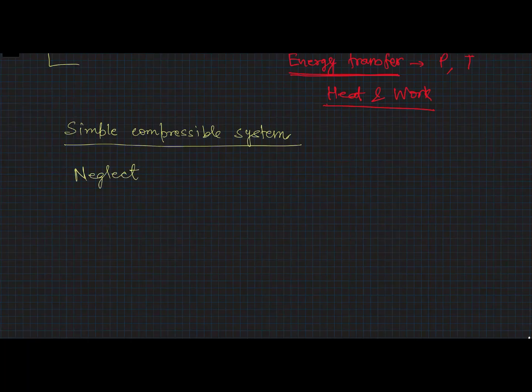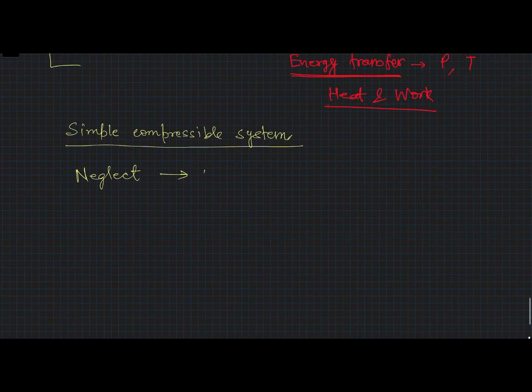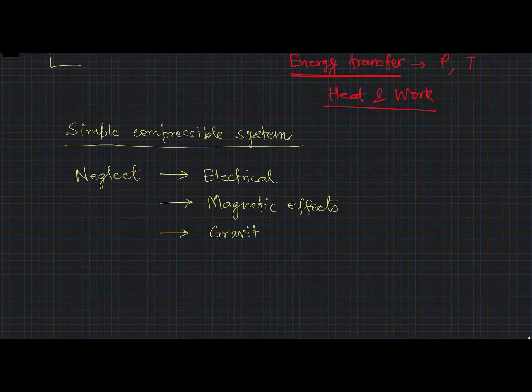Neglect electrical effects, neglect magnetic effects. You can also neglect gravitational effects. Then we need to neglect surface tension based effects. If these effects are neglected, then we can call the system a simple compressible system.